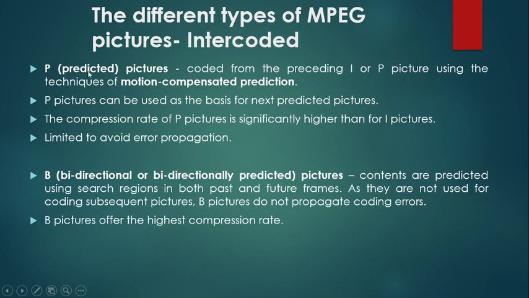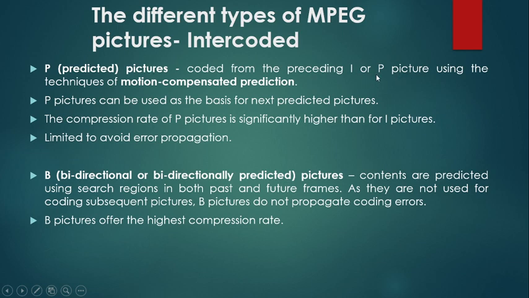And another type is the P frames, that is P pictures. Now unlike the I frame that is coded independently, the other two types of pictures, that is P pictures and B pictures, are coded in relation with other pictures. For example, a P picture is coded from the preceding I or P picture by using motion compensated prediction. But the problem is that we are going to use this particular P picture further also.